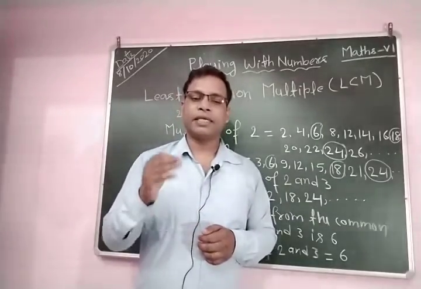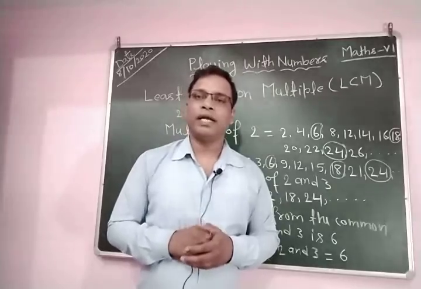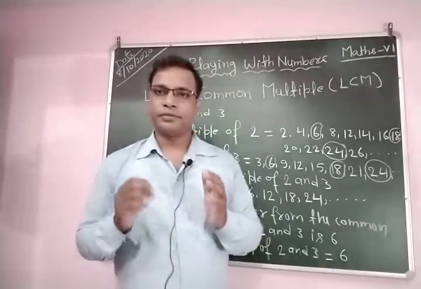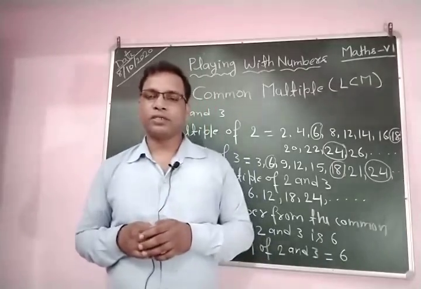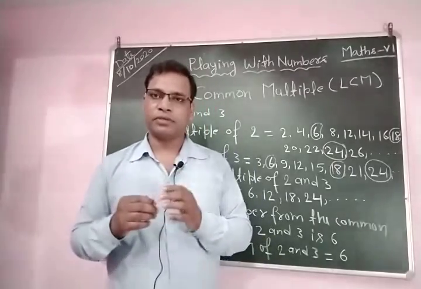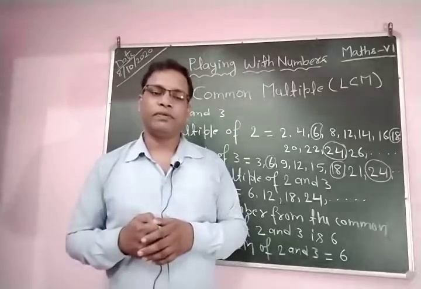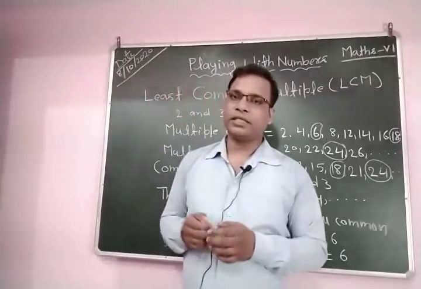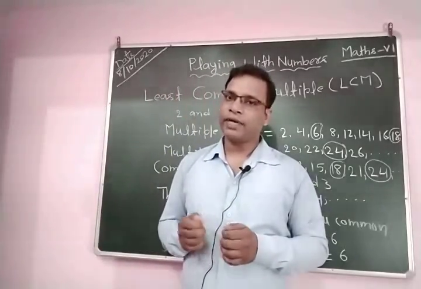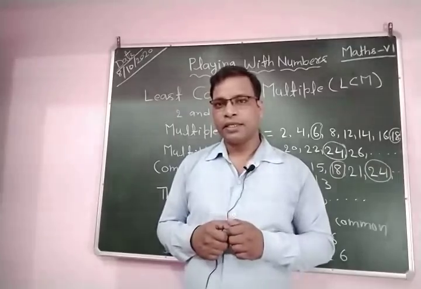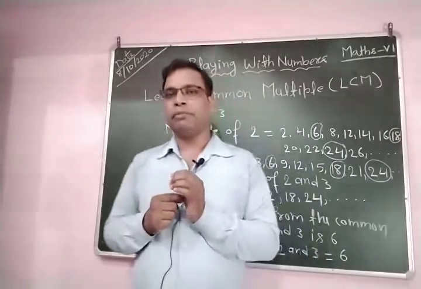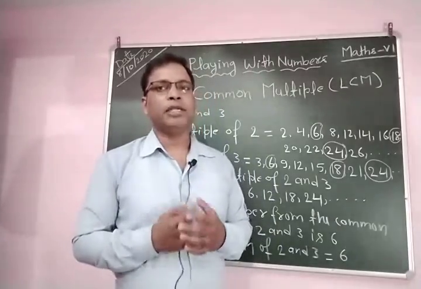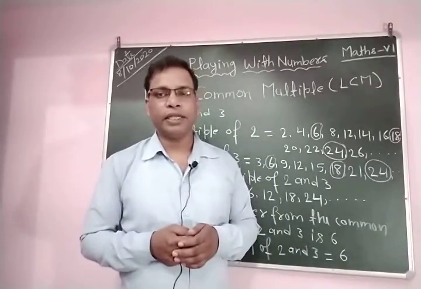Now we take another example to find the LCM of 20 and 24. For this, first what do we find? First we find the multiples, because the full form of LCM is least common multiple. So first we find the multiples of 20 and 24.